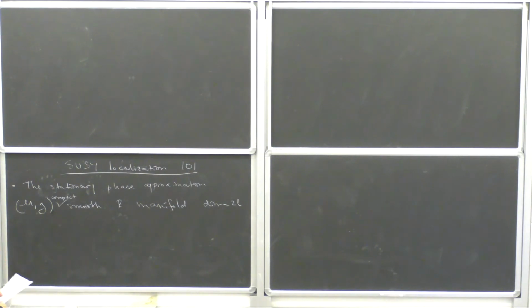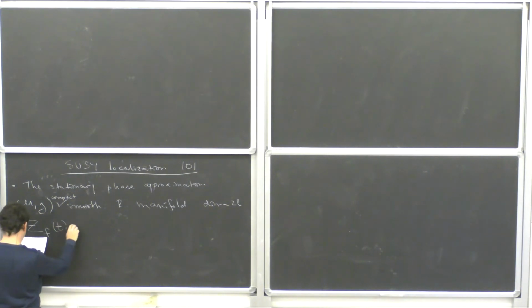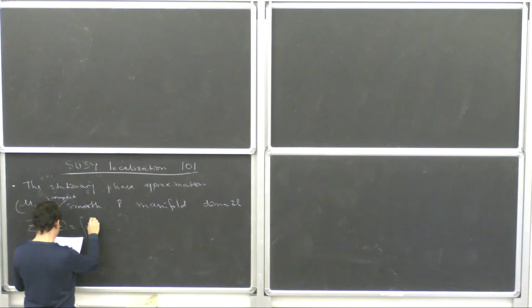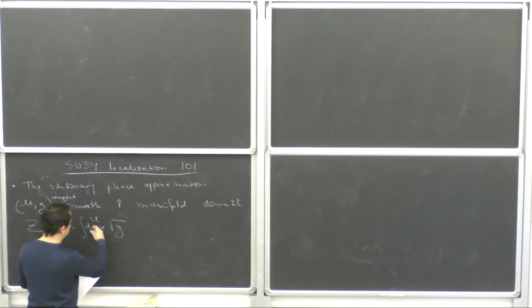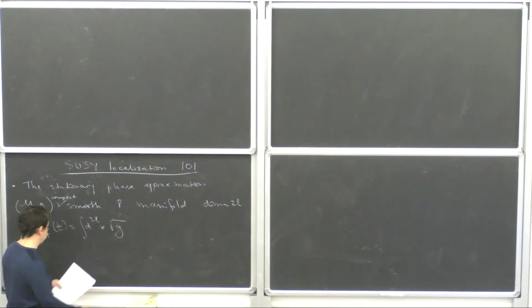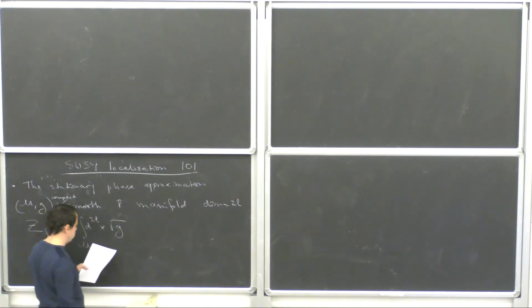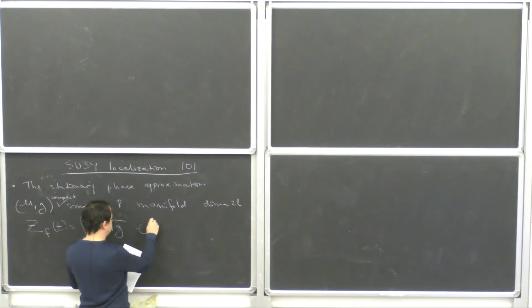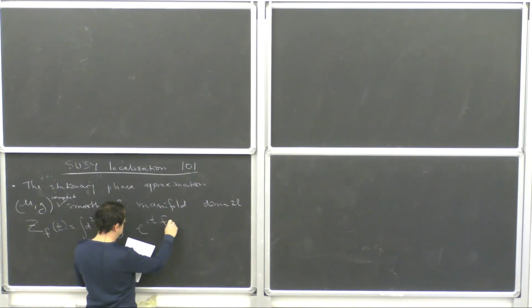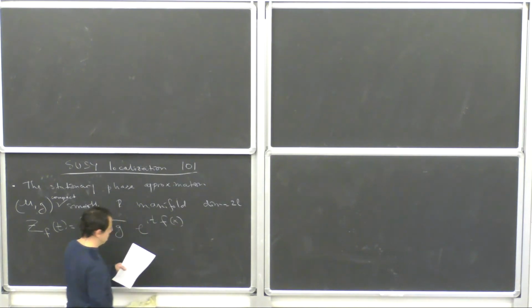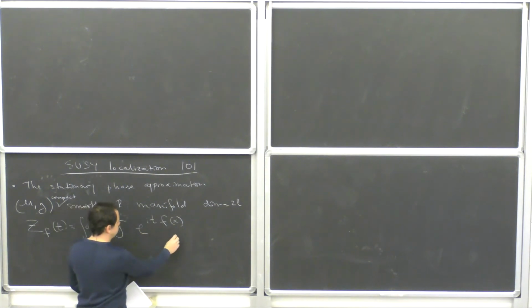And I'm studying integrals of this type. Well, you could study integrals of this type. So this is the invariant volume. I integrate over the full manifold. And then I put some somewhat annoying integrand, which is, so this is a real function.